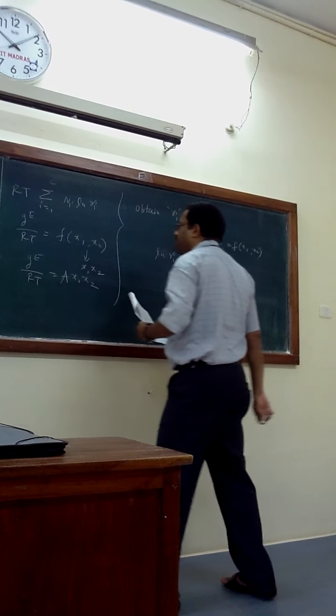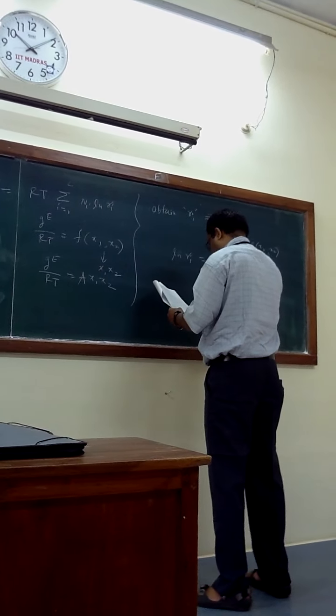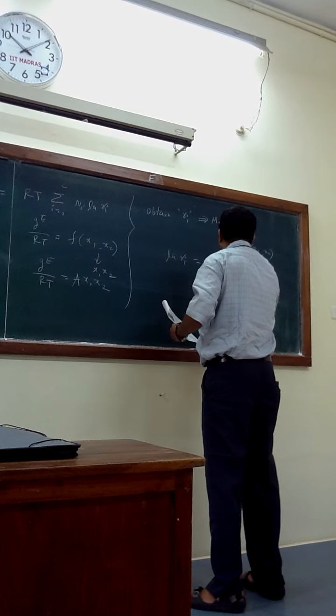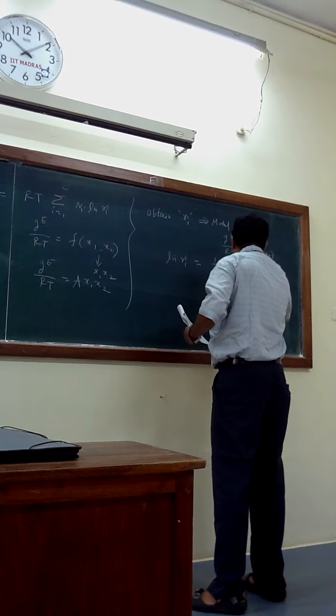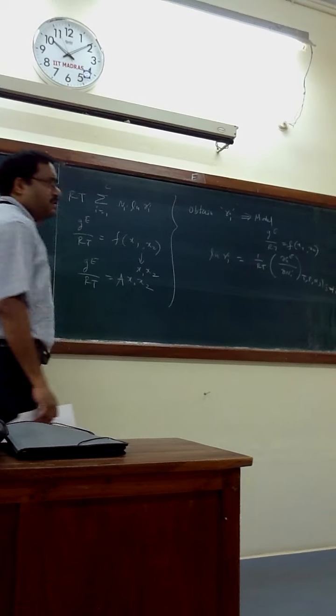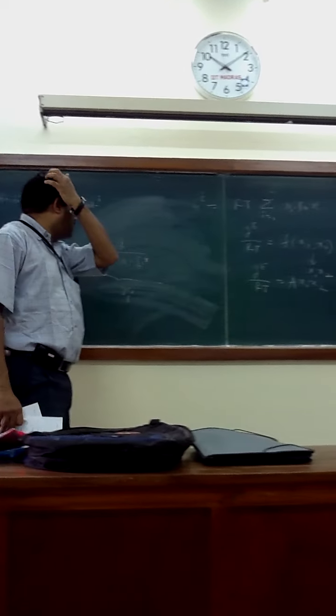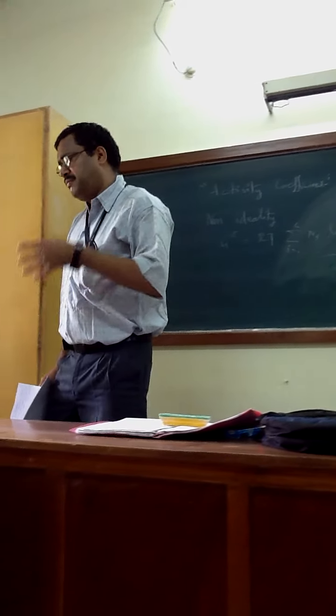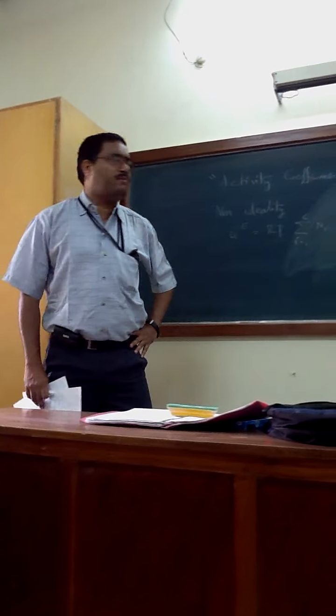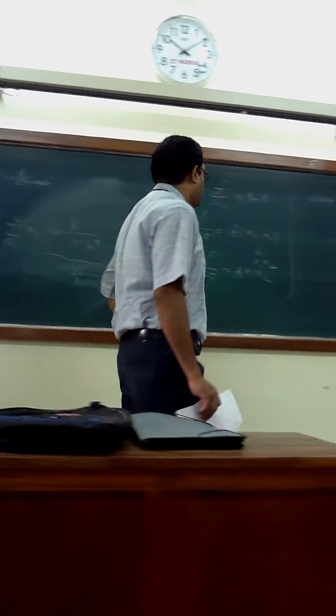From here we can easily find that ln gamma i is nothing but 1 by RT in terms of the partial molar property. This gives the excess energy, an extensive property. Any property in a mixture can be expressed as the number of moles multiplied by the corresponding partial molar property.